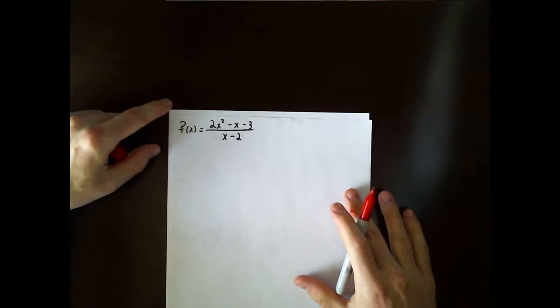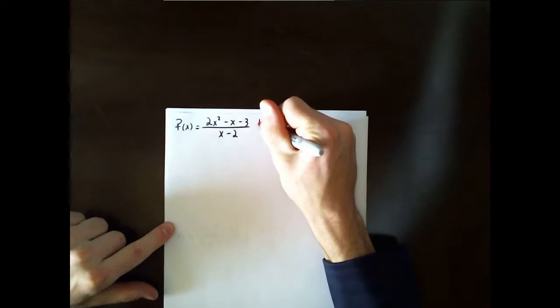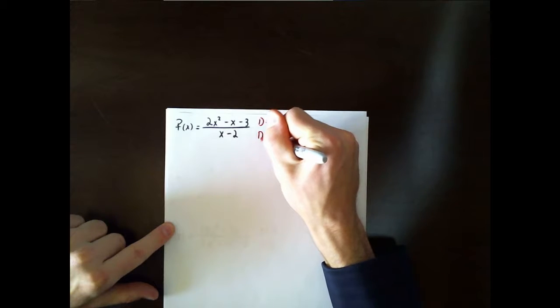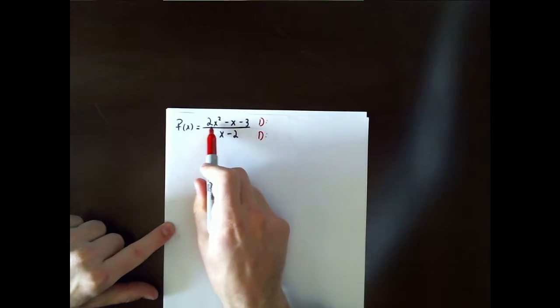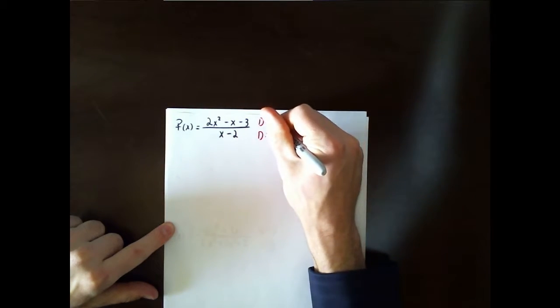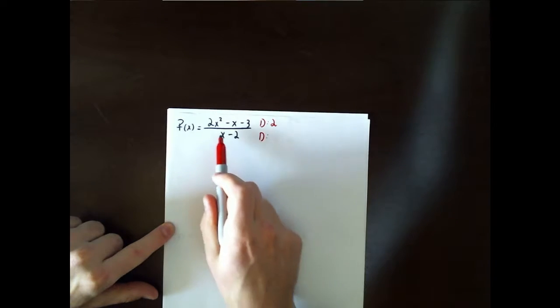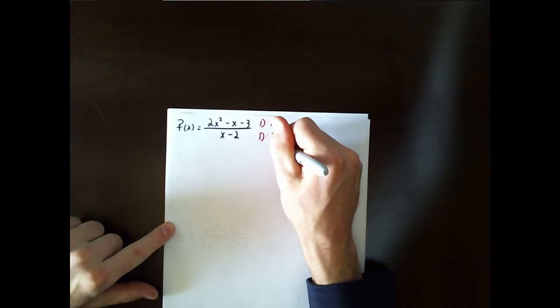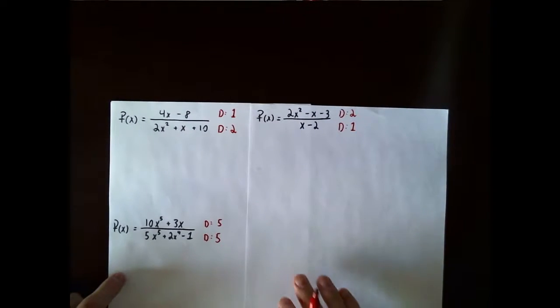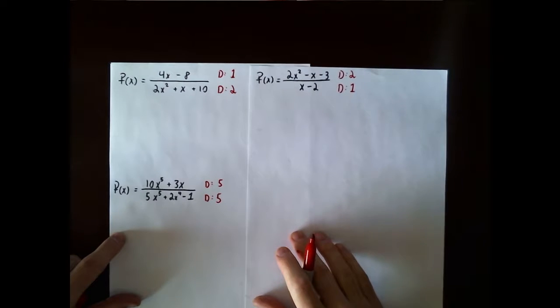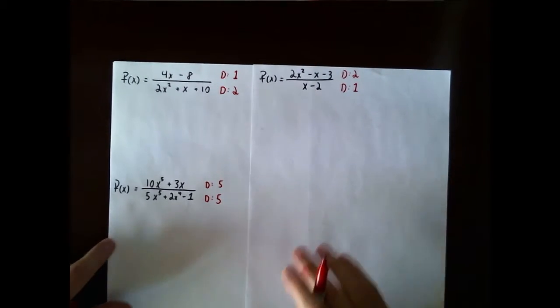I'm just going to find the degree for this as well. It looks like the degree of my numerator is 2, and the degree of my denominator is 1.